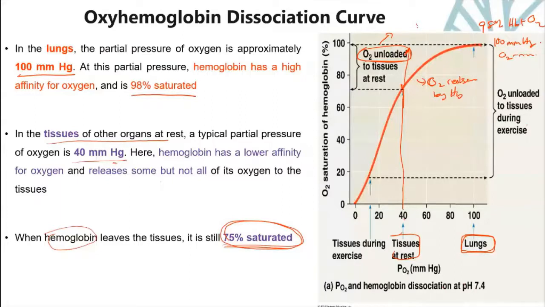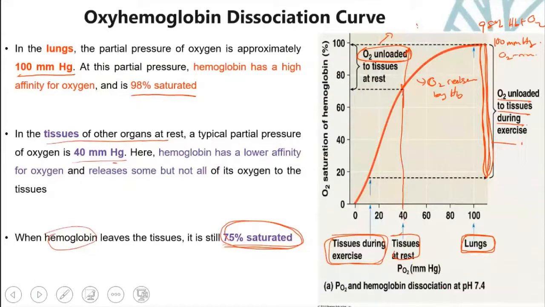So for tissue that is actively used, for example during exercise, as you can see, this is the amount of oxygen that will be released by the hemoglobin. So this is oxygen unloaded to tissue during exercise.